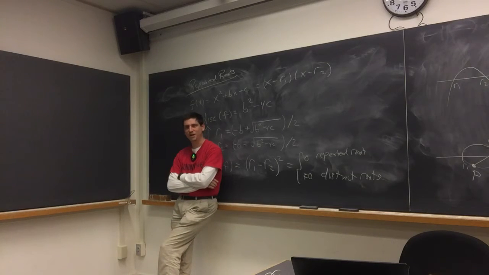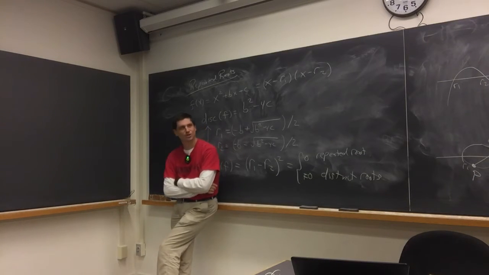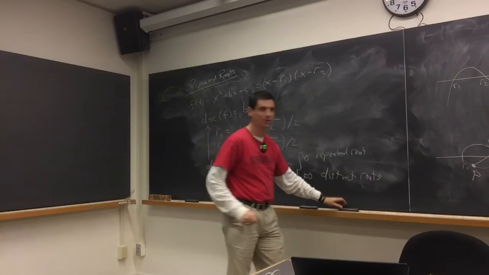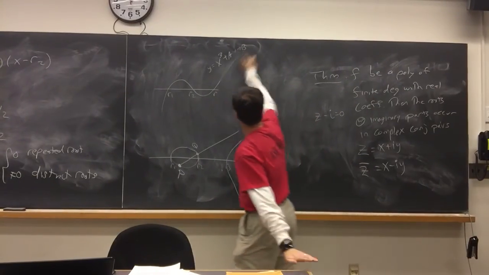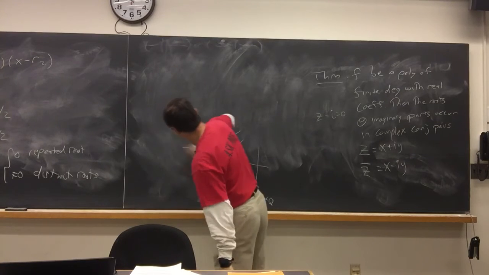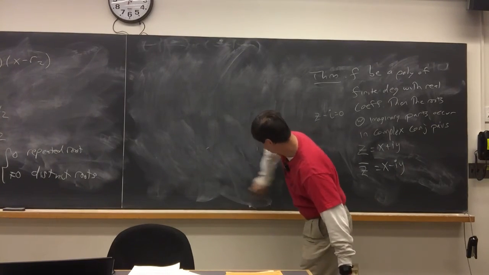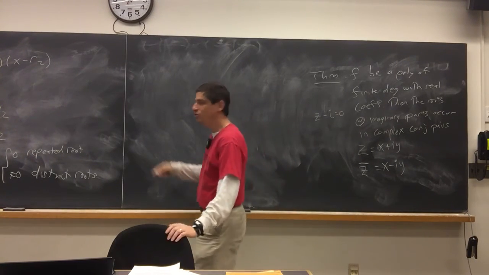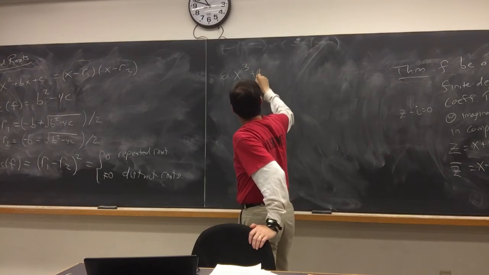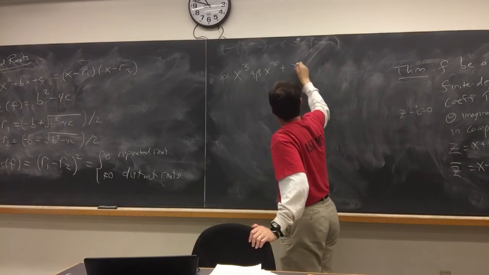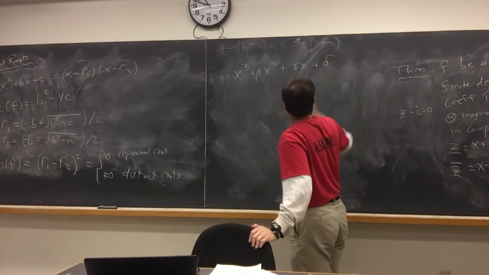What do you think the next thing we're going to have to do now is? Cubic. So we have a possibility for the cubic discriminant. And this is designed to finish right before 10:50 because it would be a shame to miss the punchline. The most general cubic is maybe alpha x cubed plus beta x squared plus gamma x plus delta.